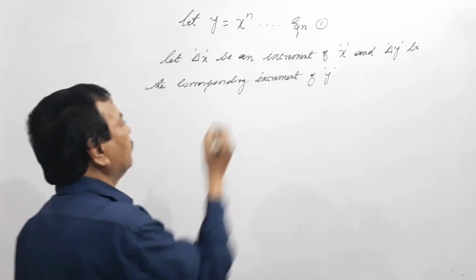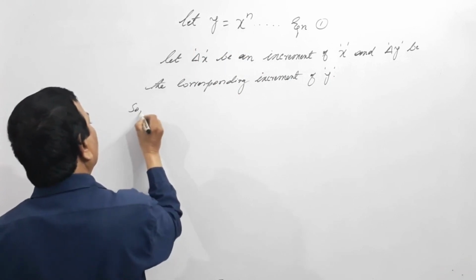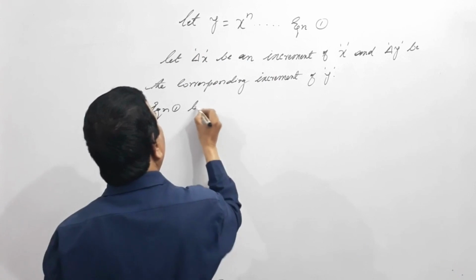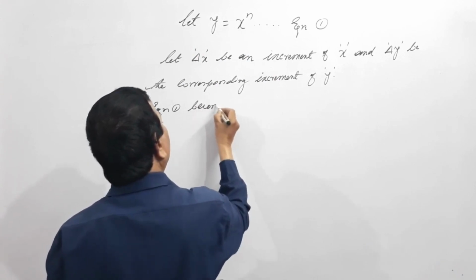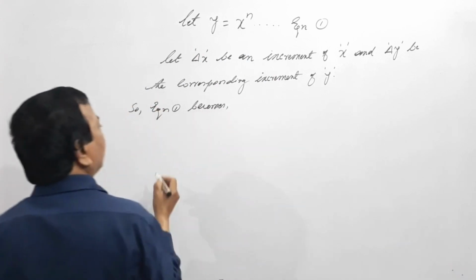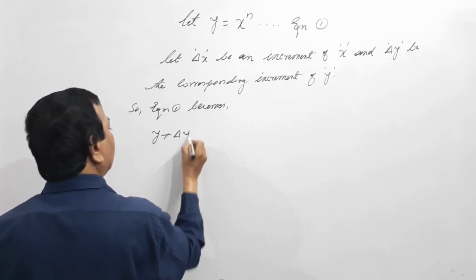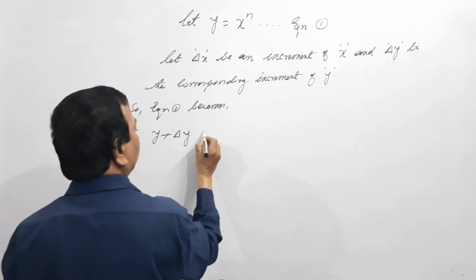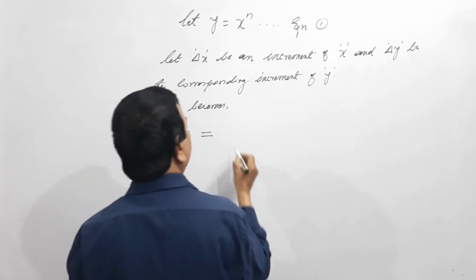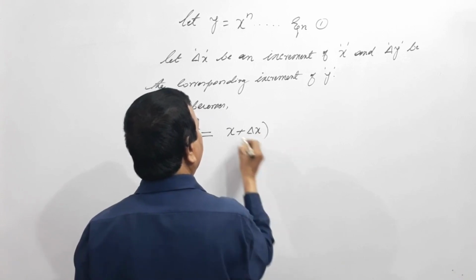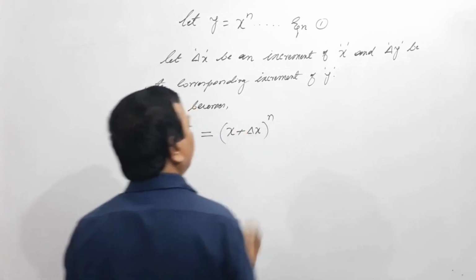So what happens to equation 1? Equation 1 becomes y plus delta y equals x plus delta x to the power of n.